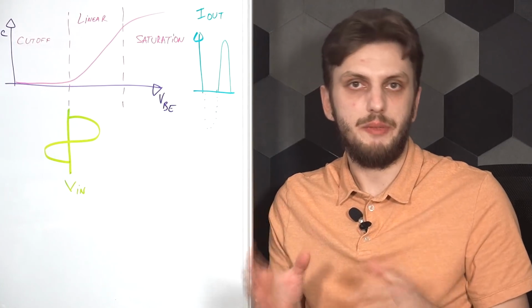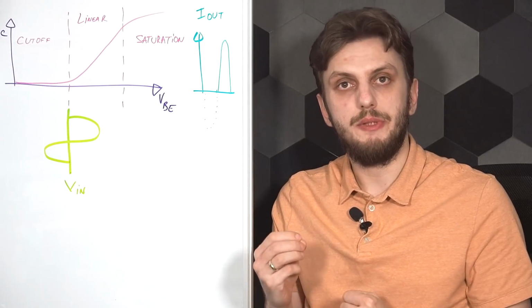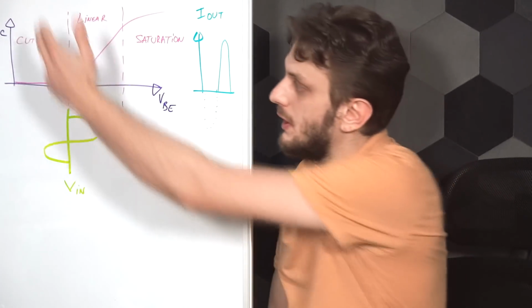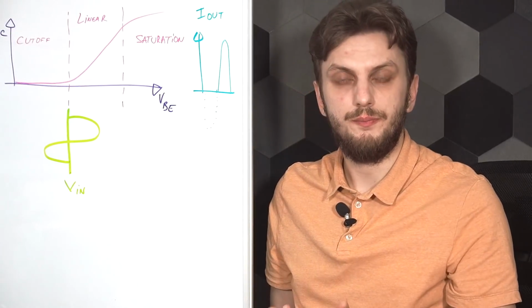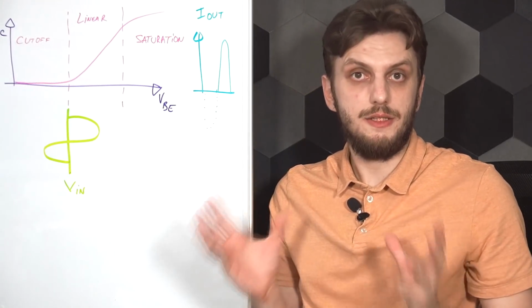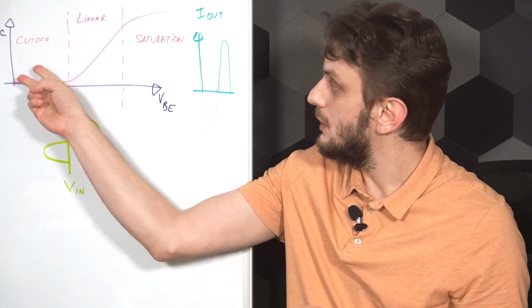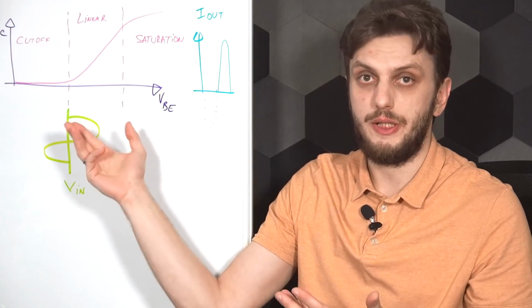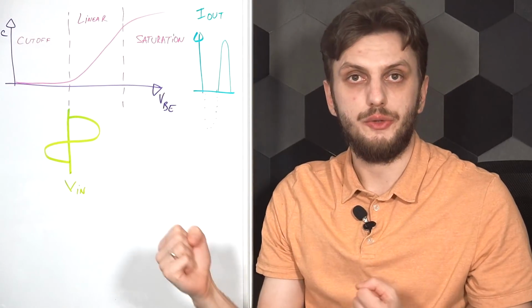Now, class B, on the other hand, is completely different. The main idea behind this operating class can be better observed if we look at the transistor response curve with collector current and base emitter voltage. So, the transistor has three operating modes. You've got cutoff mode, no current passing through the transistor, linear mode where you have direct amplification, and, well, saturation.